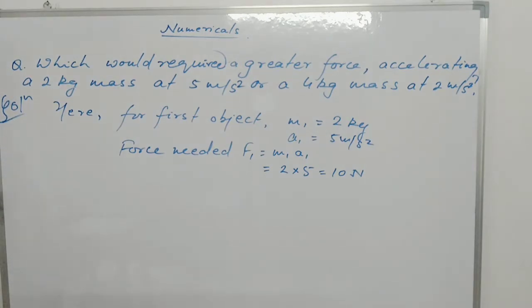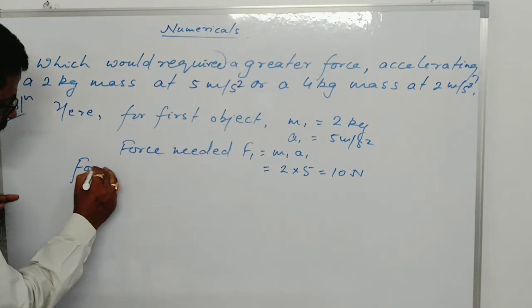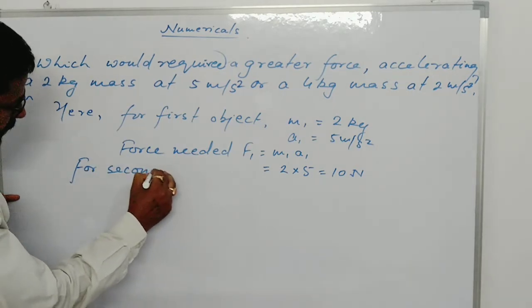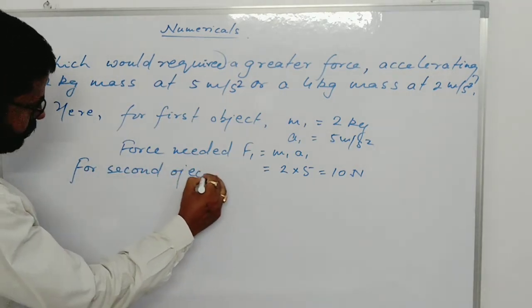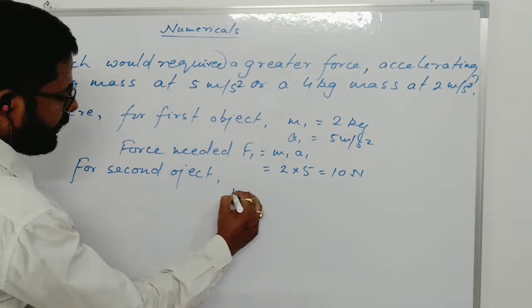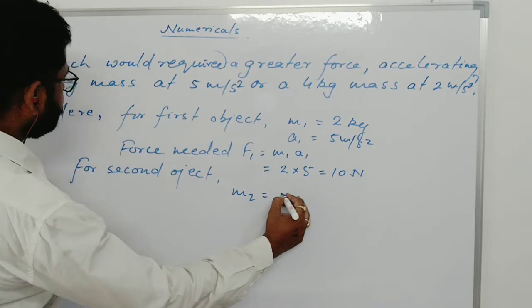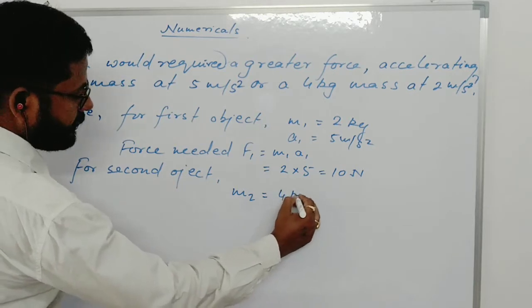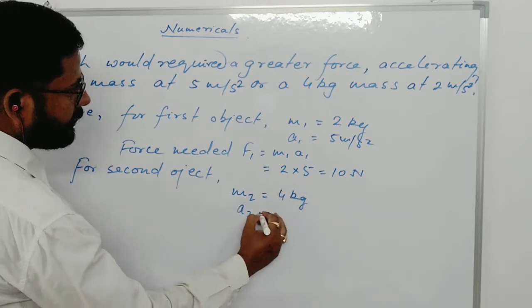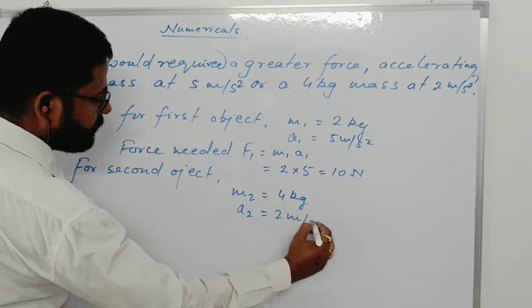For the second object, m2 is 4 kg and a2 is 2 meter per second square.